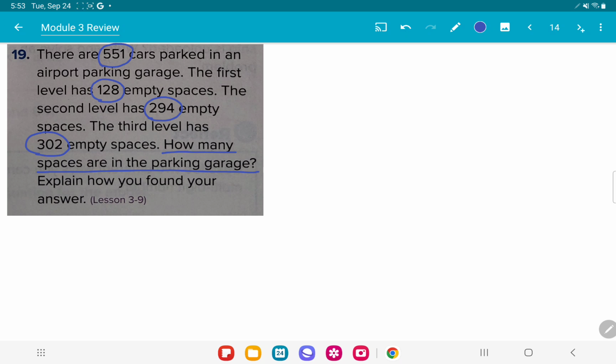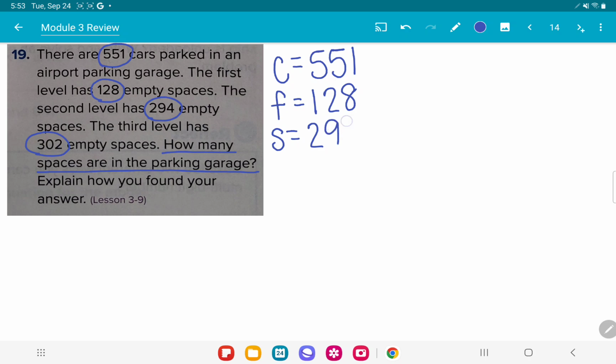How many spaces are in the parking garage? So the number of cars in the garage are 551. There are also 128 spaces in the first level that are empty. In the second level, there are 294 spaces that are empty. And in the third level, there are 302 spaces that are empty.